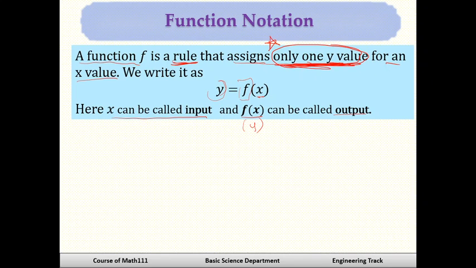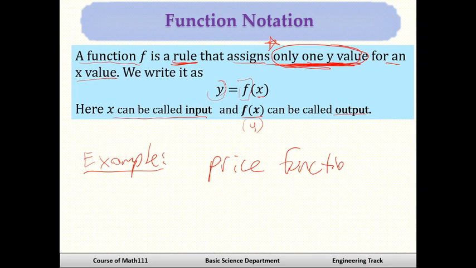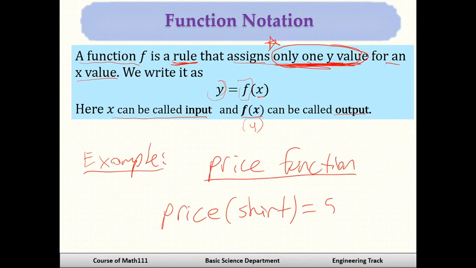A very good example is the price function in real life. It's a really nice example. Think of the price of a shirt. It's 50 riyal. And the price of pens, let's say 100 riyal.